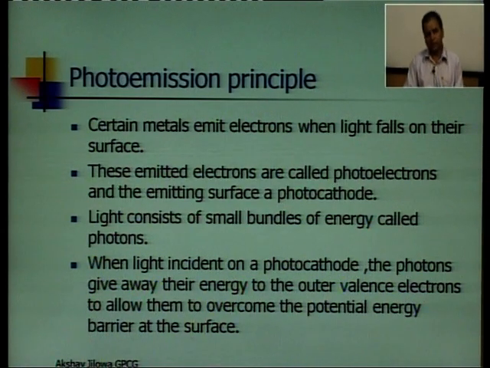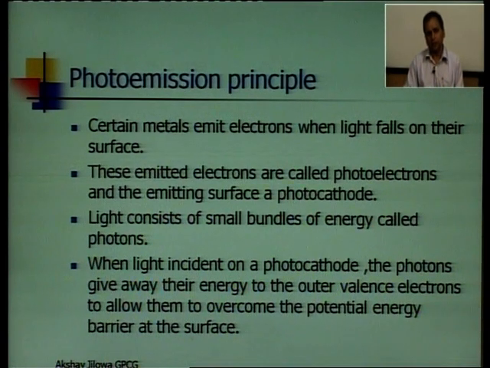This barrier is nothing but the energy required by an electron to get out of its orbit. As we know, electrons revolve around the nucleus in their orbits.